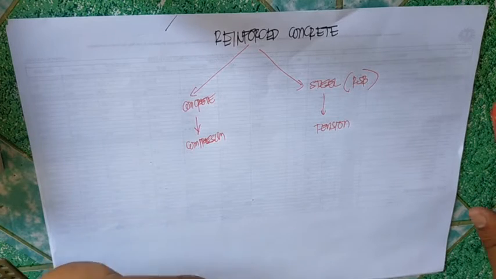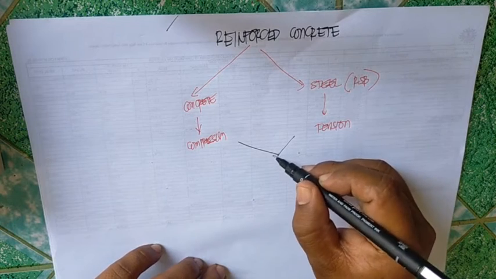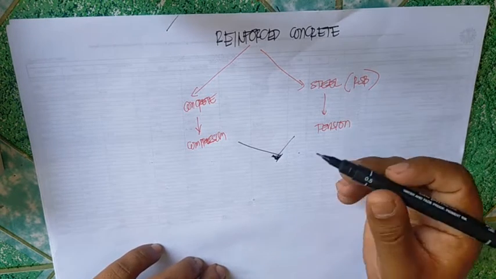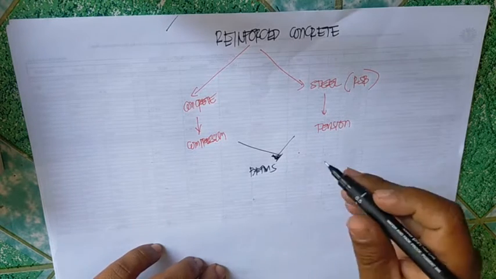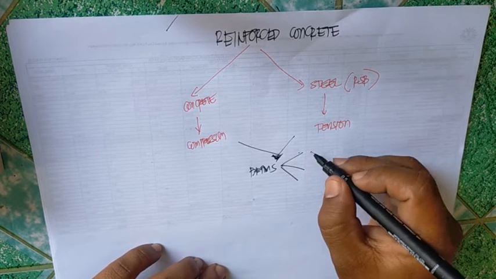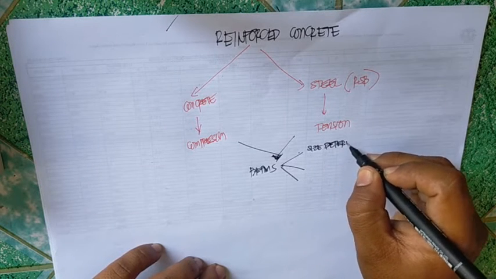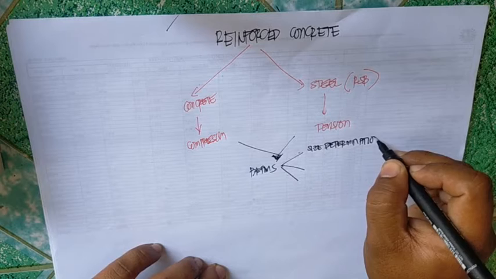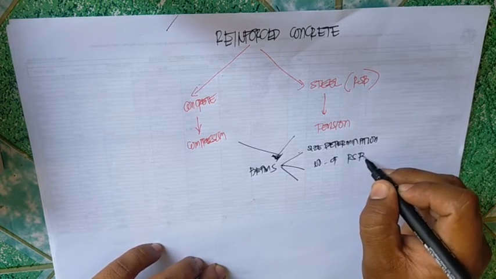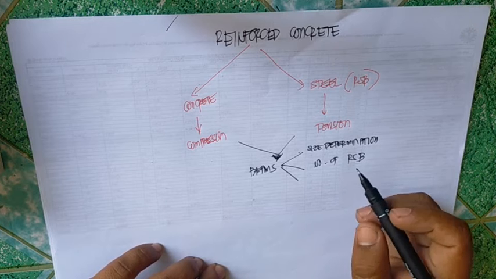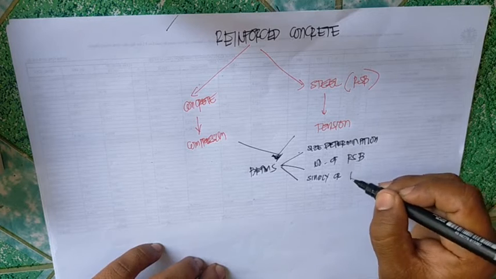By combining this, we can design beams, and for beams we will have size determination, the number of RSB, and we can determine whether it is singly or doubly.